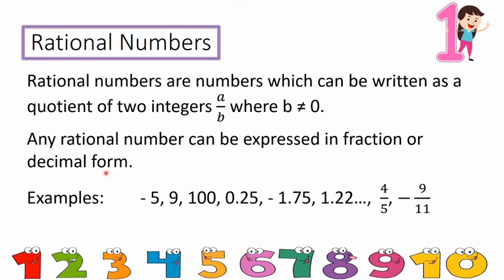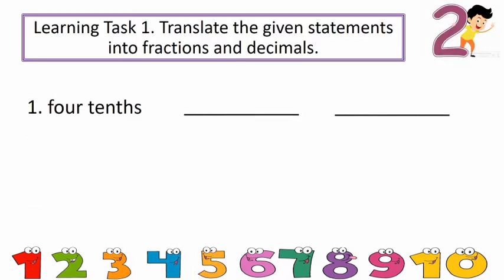And these are examples of rational numbers: -5, 9, 100, 25 hundredths, -1 and 75 hundredths, repeating decimal 1.222 and so on, 4 over 5, and -9 over 11.